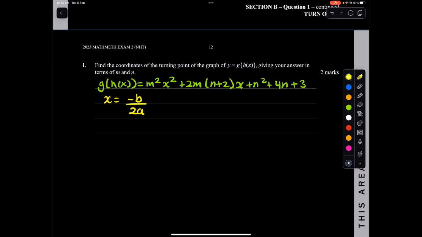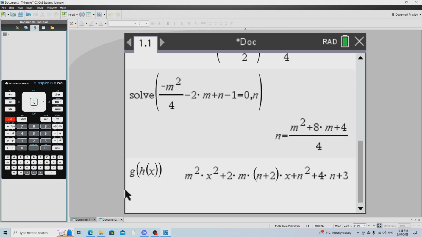Now we can use that formula, x equals negative b over 2a, to get the x coordinate of the turning point. So that'll be negative 2m(m plus 2) all over 2m squared. And simplifying down, I'm just going to use my calculator. It makes my life easier.